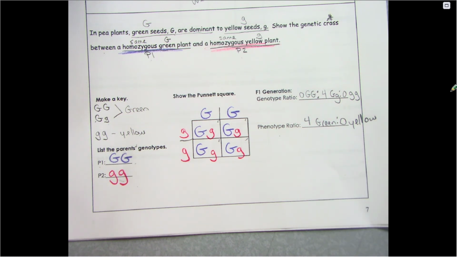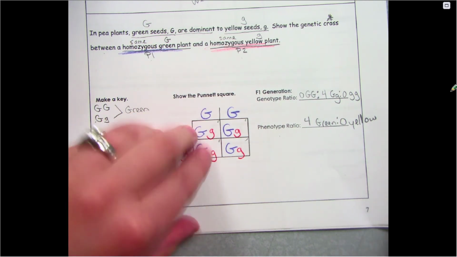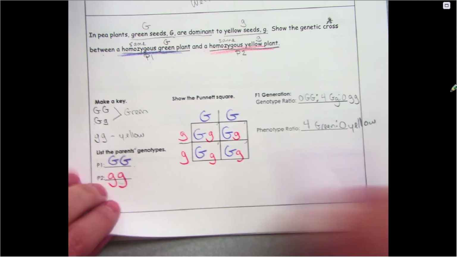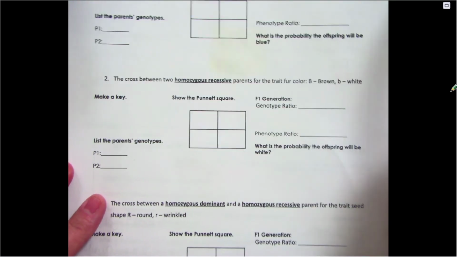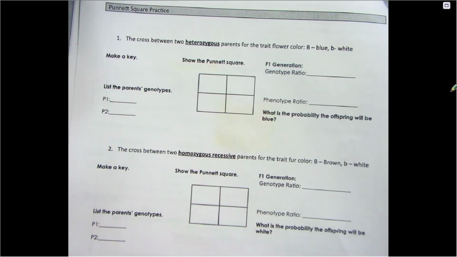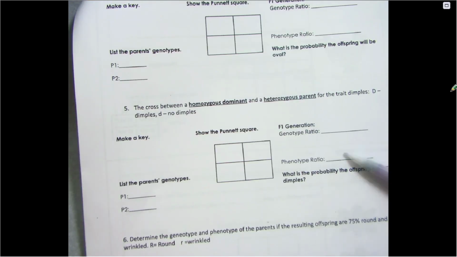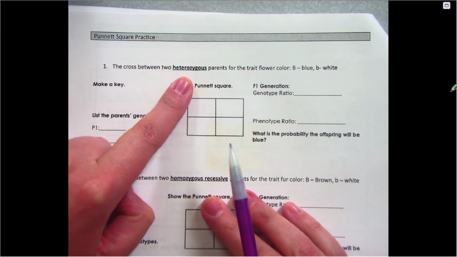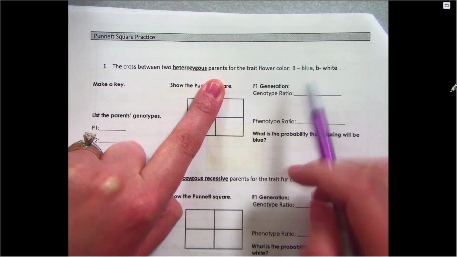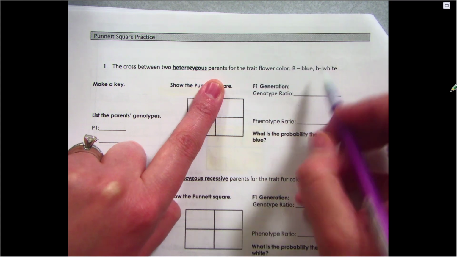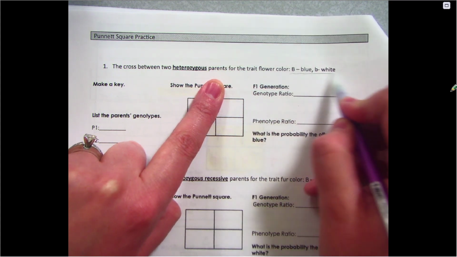All right, if you have any questions on this, please let myself or Ms. Fash know. What you guys are going to work on after this is you're going to flip to page 8, and you are going to be going through problems 1 through 5, so page 8 and 9. There is one thing I would like for you guys to take a look at, though. When it says show the cross between 2 heterozygous parents, and then this was your information for flower color, that's the flower color.